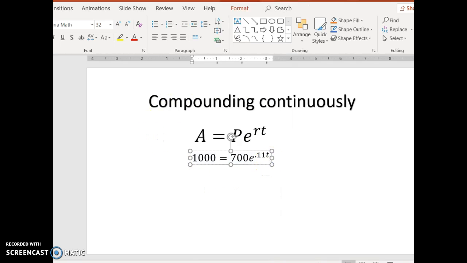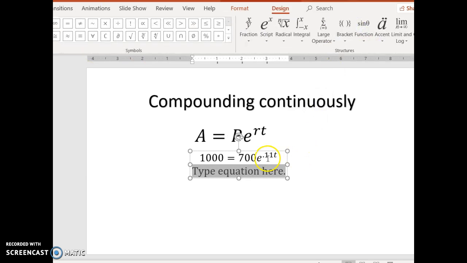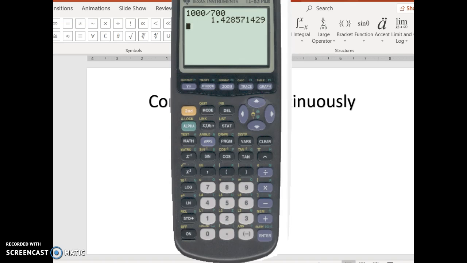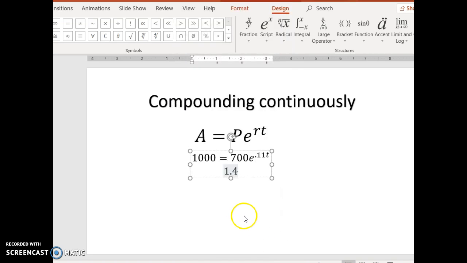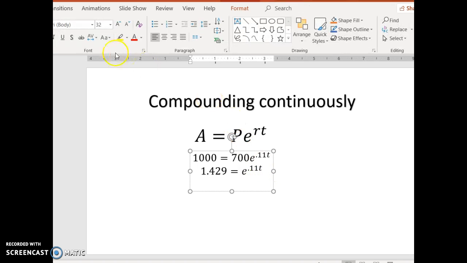So I'll insert another equation: 1.429 equal to, I have to make it an exponent, e raised to the 0.11t. Now in order to get e by itself, we get another equation.